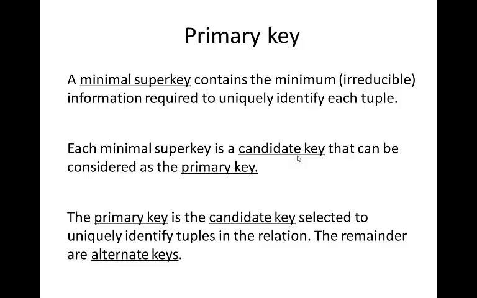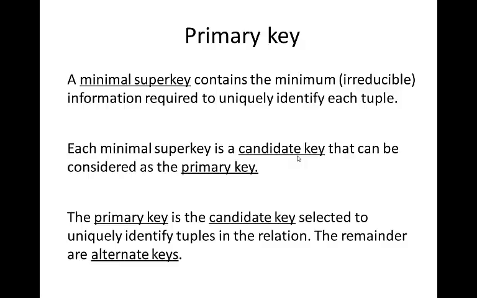A minimal superkey is the minimum information required to uniquely identify a row. There could be lots of combinations of fields that uniquely identify each row, but you want to use the minimum information required to identify each row individually.